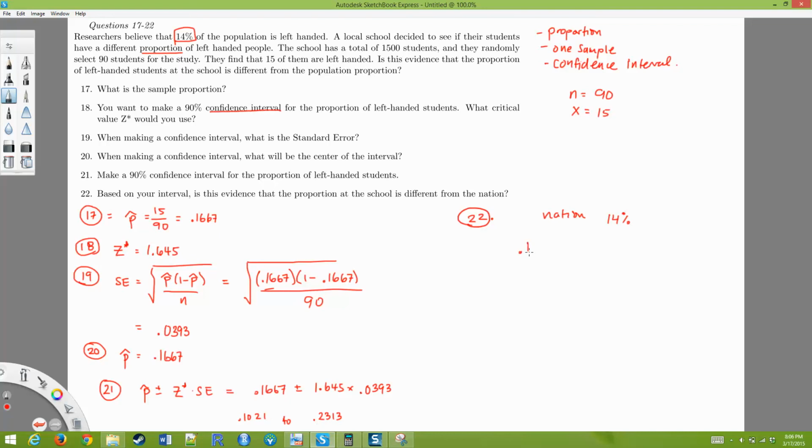So 0.14 is within our interval, which goes from 0.1021 to 0.2313. So does that mean it's different or not different? So we do not have evidence that it's different.